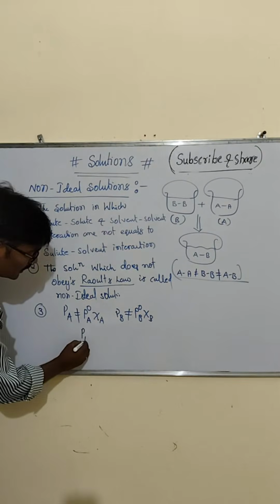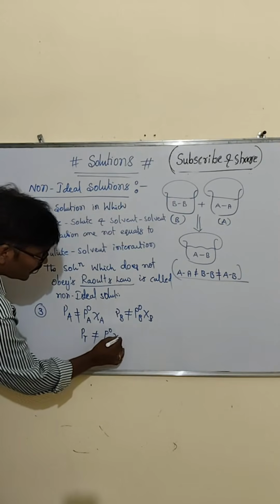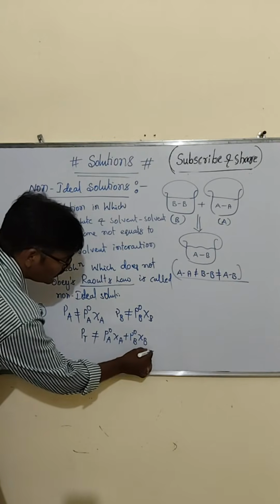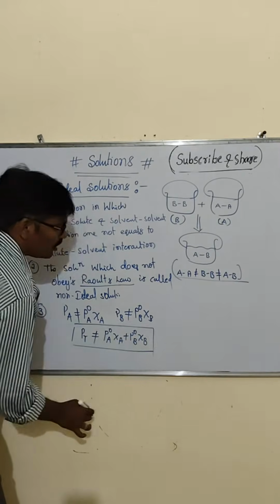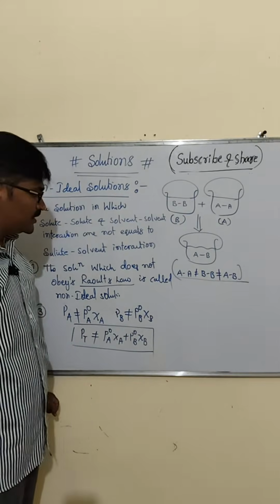Then P total is not equal to P naught A into mole fraction of A plus P naught B into mole fraction of B. So not equal. Clear, my dear students, up to the third statement.